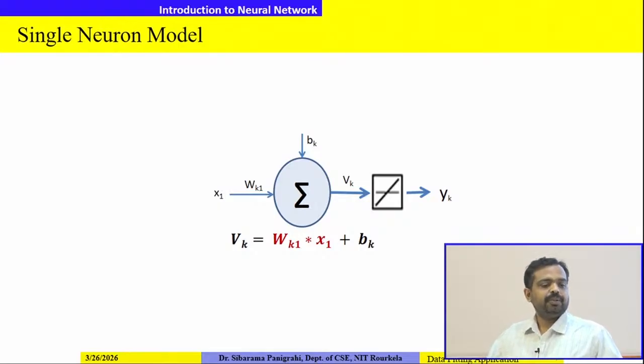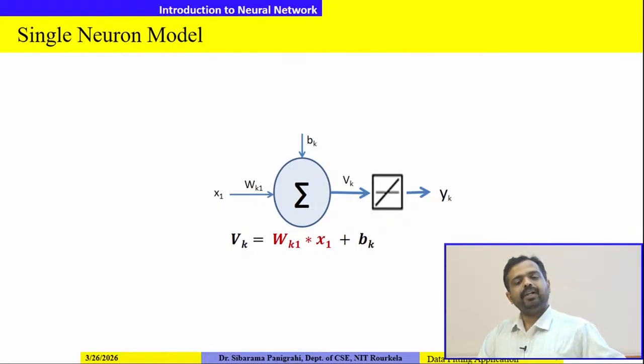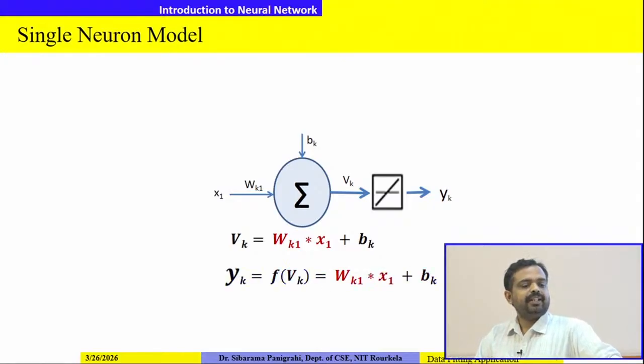Then how do we compute the net input? It is nothing but w into x plus bias. As we are using a linear activation function, the same thing will be produced as the output. So, yk is nothing but f of vk, and f of vk is nothing but w into x plus bias.